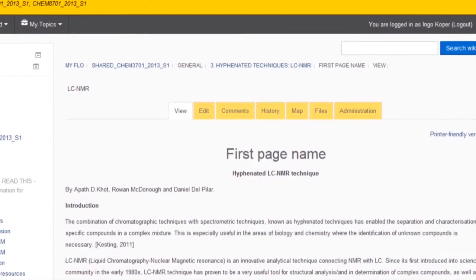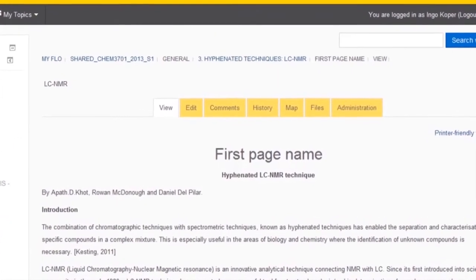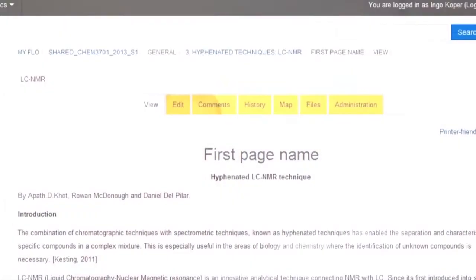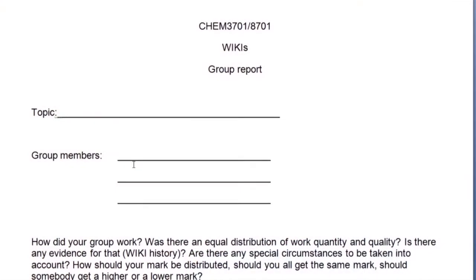For the assessment, we decided we would assess the final product, that is the final page. So we looked at the pages and marked the page, but then we asked the students to actually write a report on who contributed what. So there was a kind of self or peer assessment activity in there.